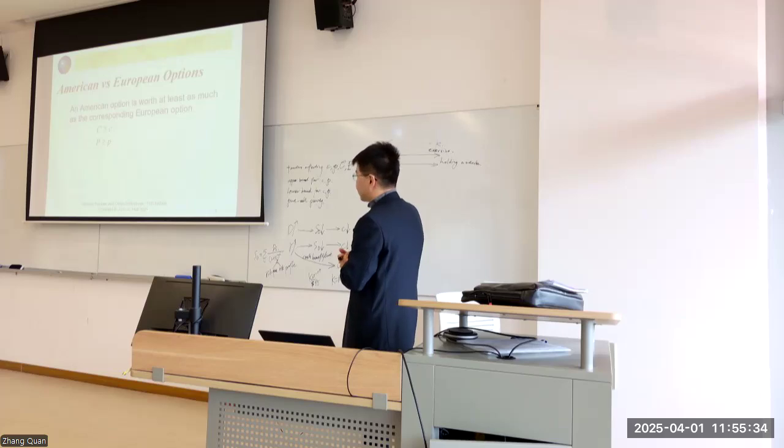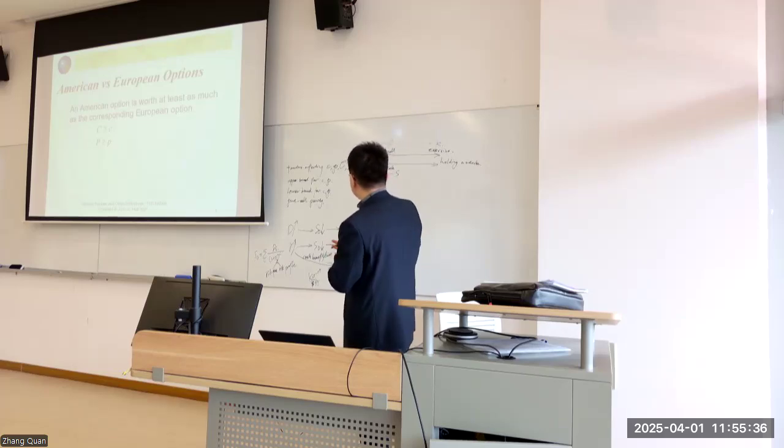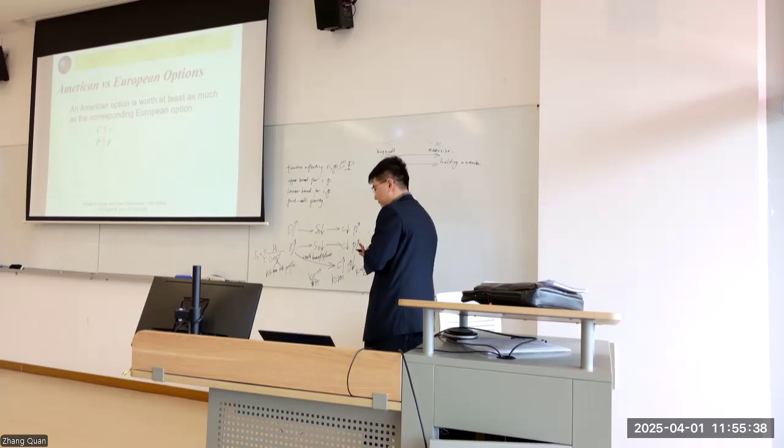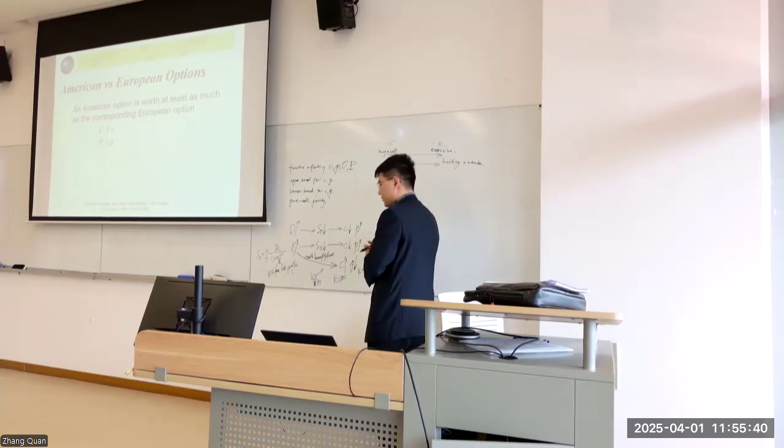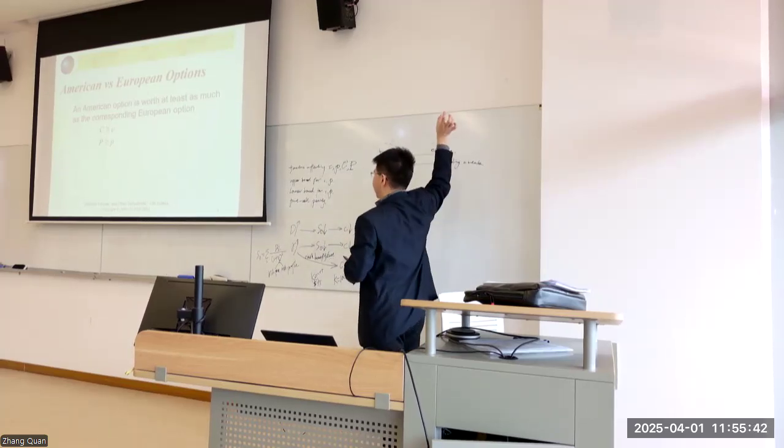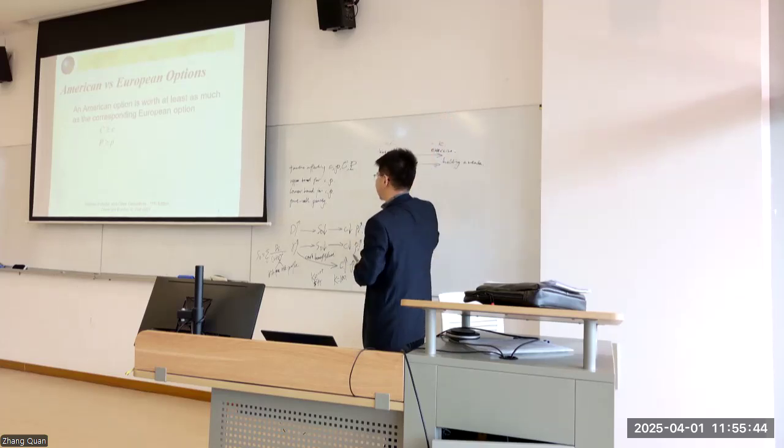For different options, we tend to have the largest profit when the stock price is just too high, like 1 million per share.